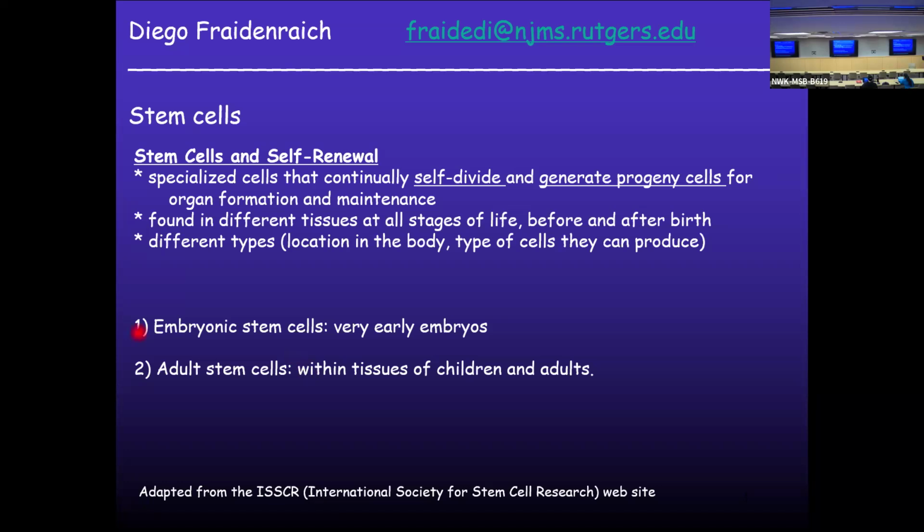The main classification, not the only classification, but the main classification is embryonic stem cells, which are obtained from very early embryos, like blastocysts. Now you are experts on blastocysts. And adult stem cells observed within tissues of children and adults. We all have adult stem cells in different places. For example, in our bone marrow, we have hematopoietic stem cells. They are acting through the entire lifetime, okay, they age also, they have different properties.